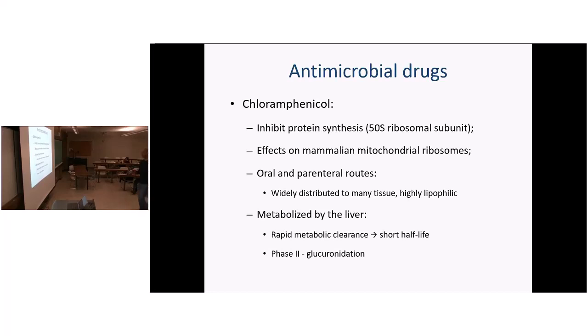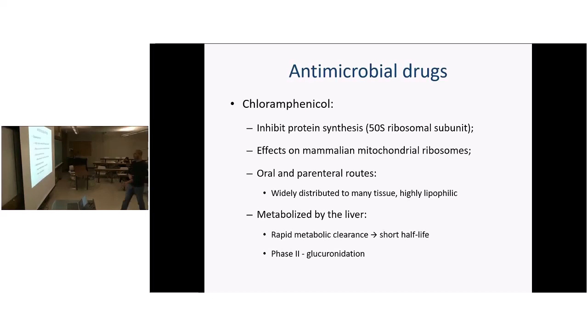However, from a usage standpoint, the fact that they have very rapid glucuronidation, which is a very potent method the liver uses to metabolize stuff, so the liver is pretty good at metabolizing chloramphenicol.